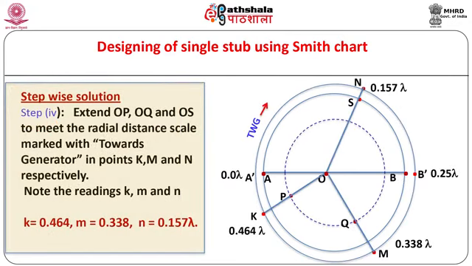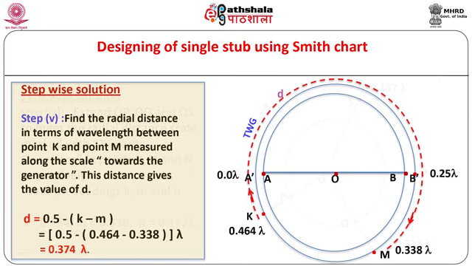Join the center O with points P, Q and S. Extend OP, OQ and OS to meet the radial distance scale marked towards the generator at points K, M and N respectively, and note the corresponding readings. In the problem under consideration, we have K equal to 0.464, M equal to 0.338 and N equal to 0.157 lambda.